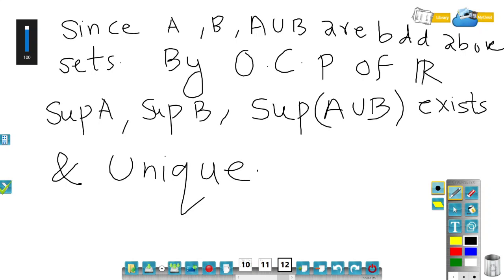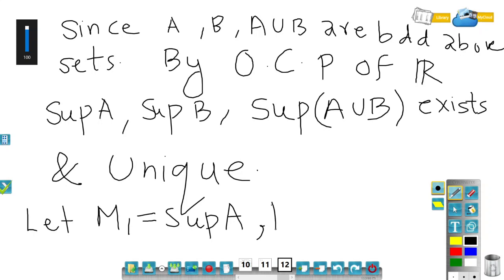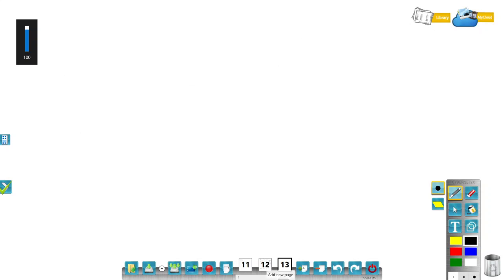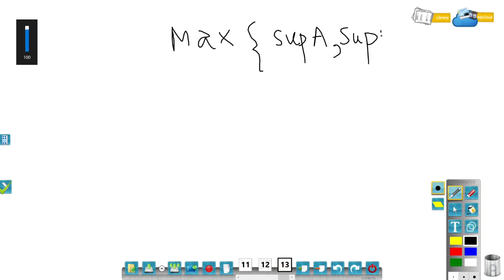Right. So let M1 be equal to supremum of A, and M2 be equal to supremum of B. Then I will call their maximum, max of sup A, sup B, which is the same as max of M1, M2.